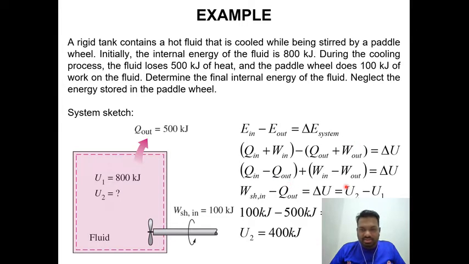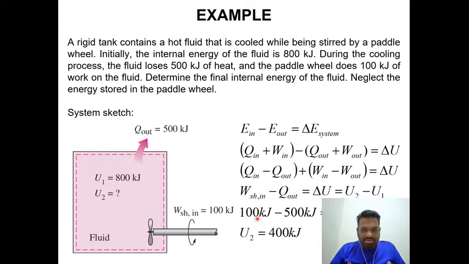Based on this, you just substitute the values. You rearrange the equation and you will get it in this form: work shaft in minus Q out equals U2 minus U1.